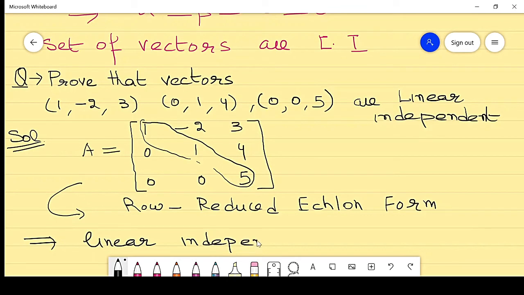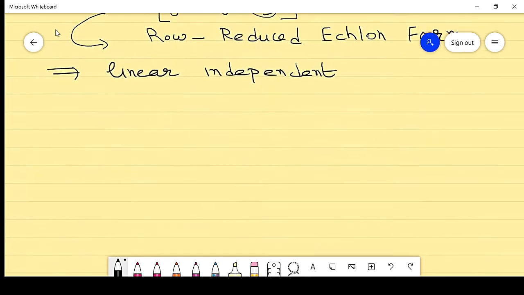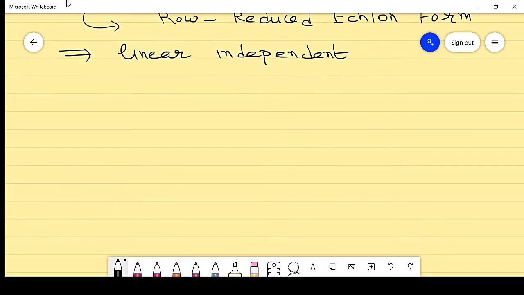So these are linear independent. If the determinant is 0, in that case it will be linear dependent.